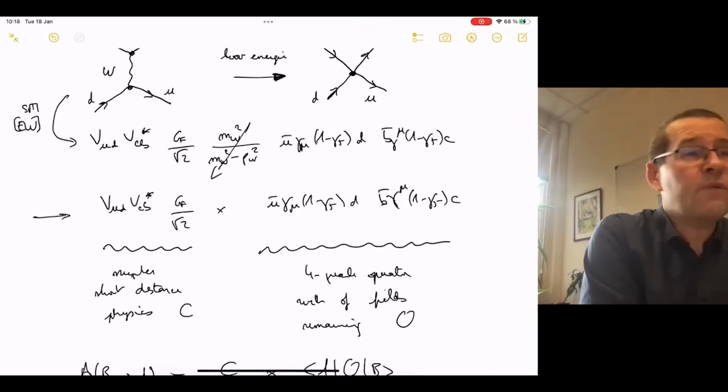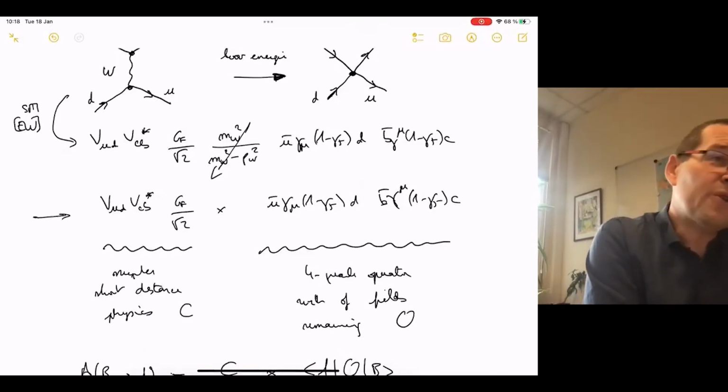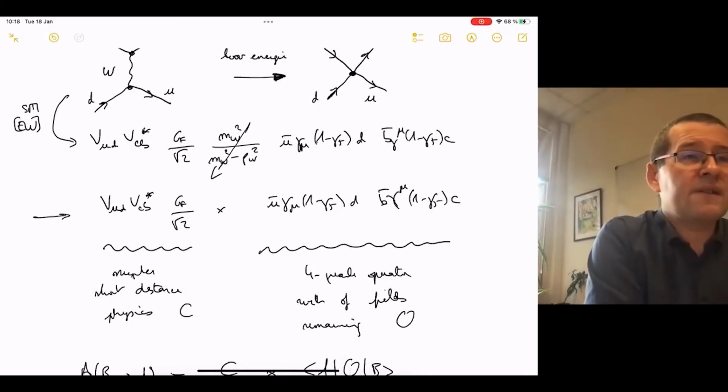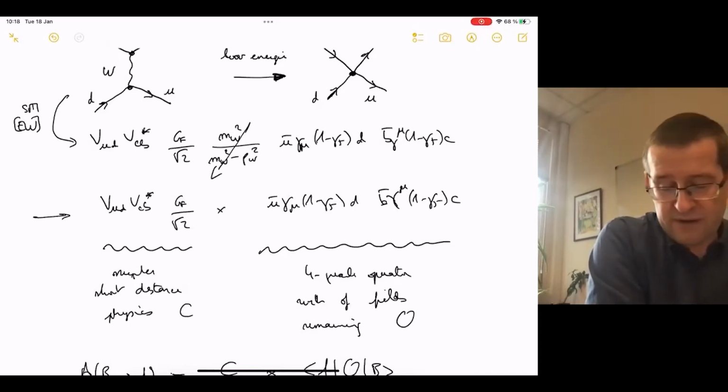You don't know the reason for the value of the numerical coefficient that you have in front, but you do know that it carries some mass, because it's multiplying a dimension 6 operator, so it has a mass dimension.